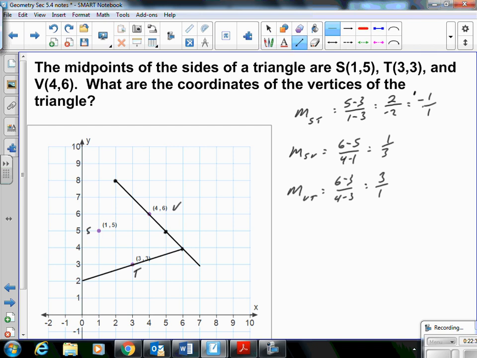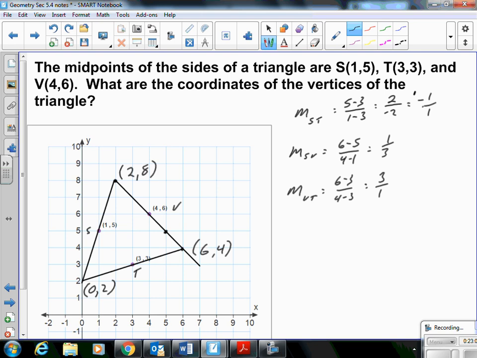So draw that line in. And so now we can actually come up with the coordinates, right? For this one down here, we're at 0, 2. Over here, we're at 6, 4. And at the top, we are at 2, 8.